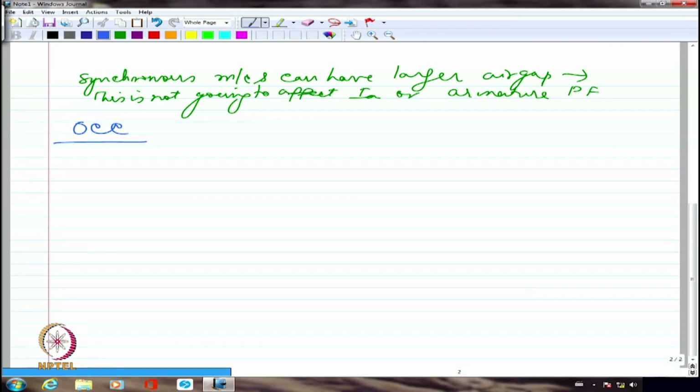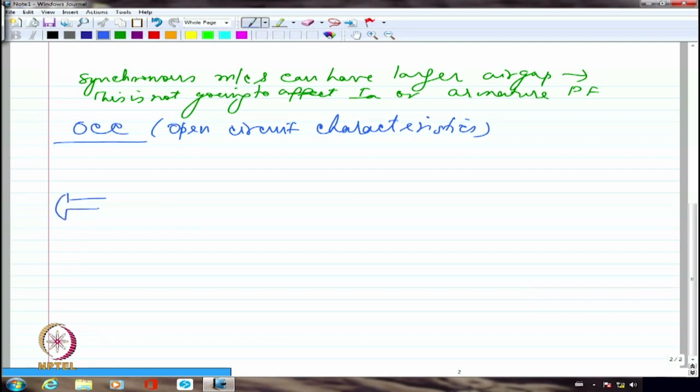Right? So let us try to take a look at OCC once again. In OCC, that is the open circuit characteristics or magnetization characteristics, what we talked about in the case of a DC machine. What we are looking at is, if this is my field, and I am going to show it as though I am just winding it like this. It is not really wound that way, but this is the field, and I am injecting a field current here, IF, and I have an armature.